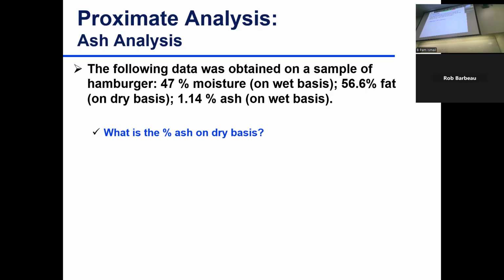Your dry basis is always higher than your wet. So if you want to know if you did your calculations correctly, the dry basis content is always higher than the wet basis, because you're taking away the moisture and you're just looking at the ratio to the dry mass.